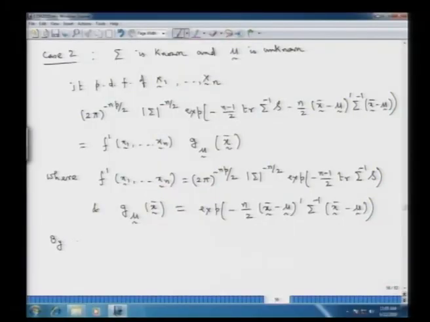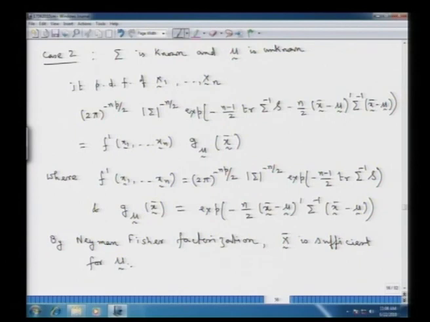So, in this particular form, we are once again using the Neyman-Fisher factorization. By the Neyman-Fisher factorization theorem, this x bar vector random variable is now sufficient for the unknown mean vector, right.